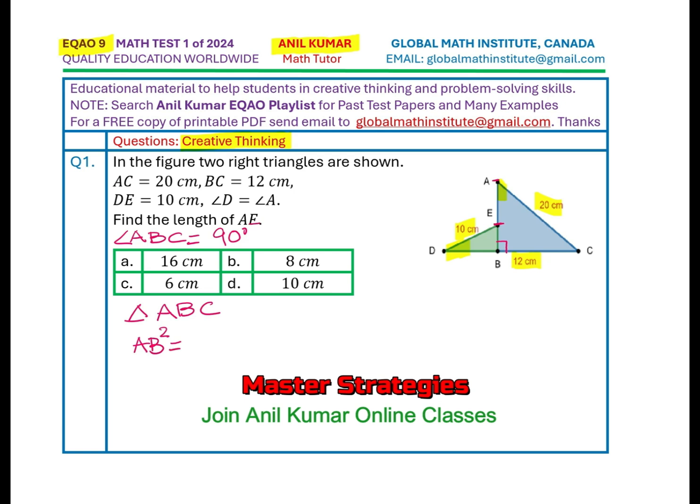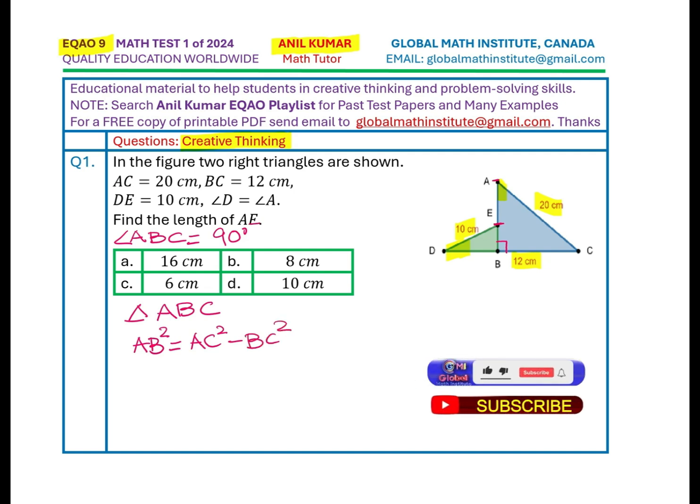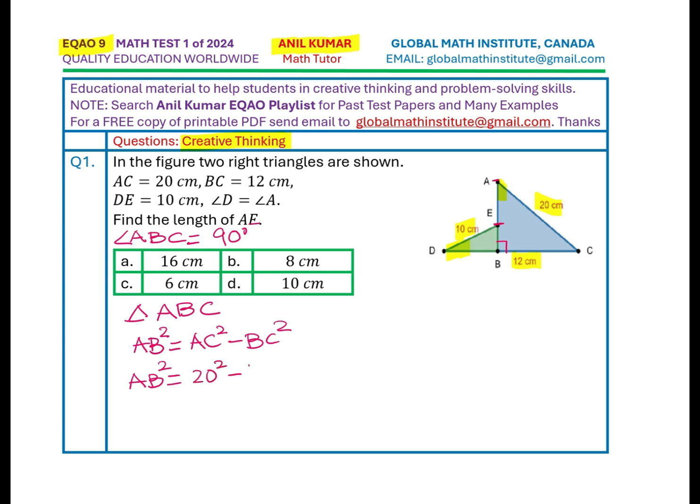Since it is a smaller side as compared to hypotenuse, it should be hypotenuse AC square minus BC square. So AC square is 20 square minus 12 square, and AB will be equal to the square root of this.